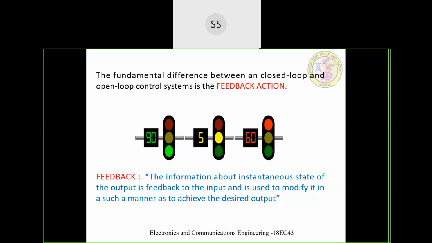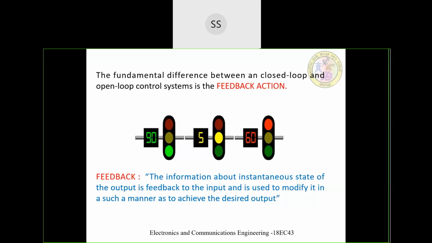If the traffic light system is programmed or preset to different intervals of time and keeps changing according to that time irrespective of the traffic, then it becomes an open loop, because the traffic lights are not changing according to the traffic, it is simply changing according to its preset values.